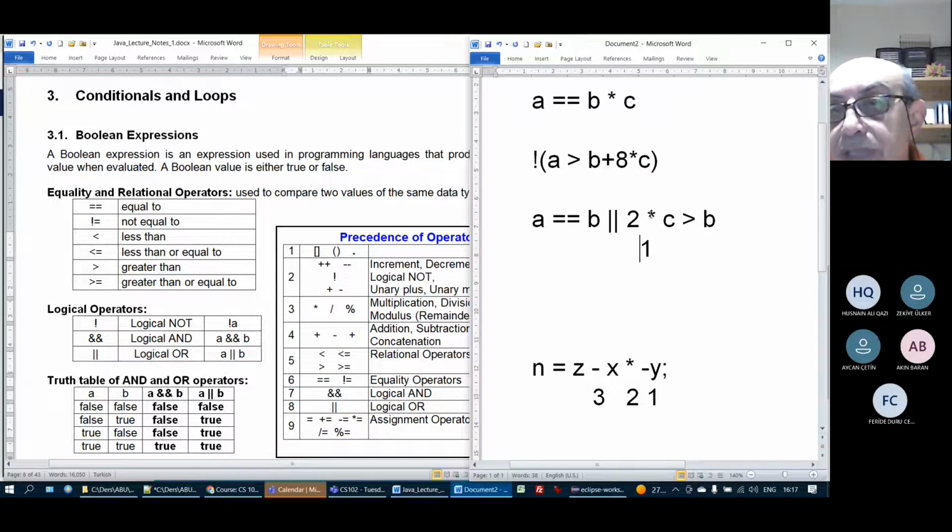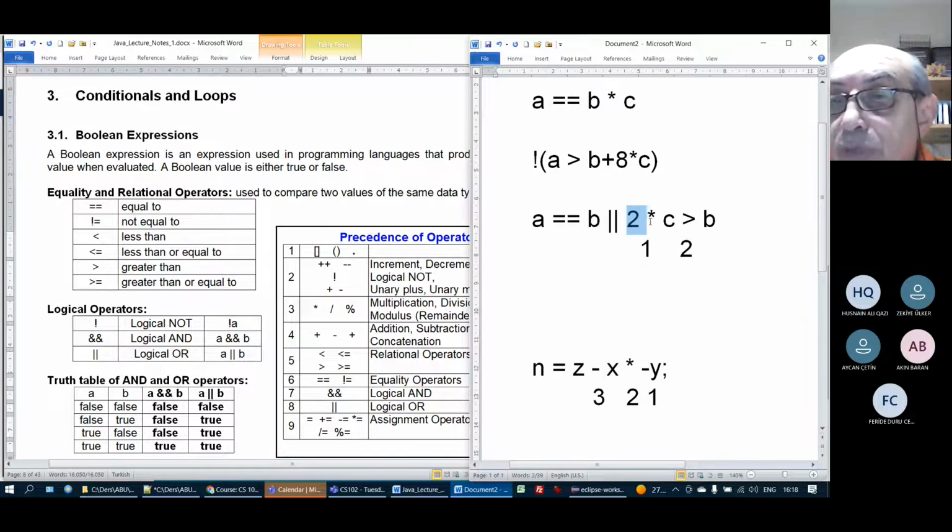So this asterisk is done first, and then after that, this C greater than B will be done. So 2 times C will be computed. We will find the value from here after the first step, and then this value is compared with B. This will be either true or false.